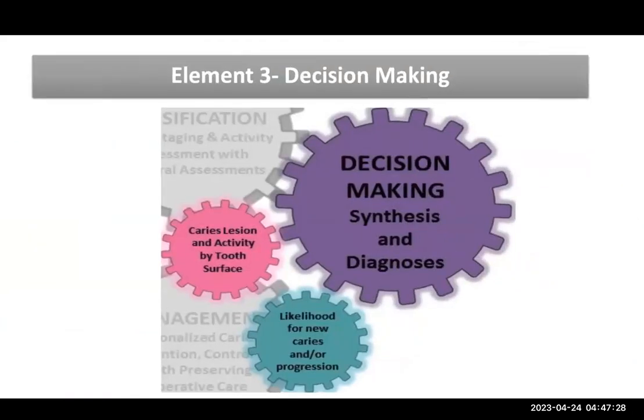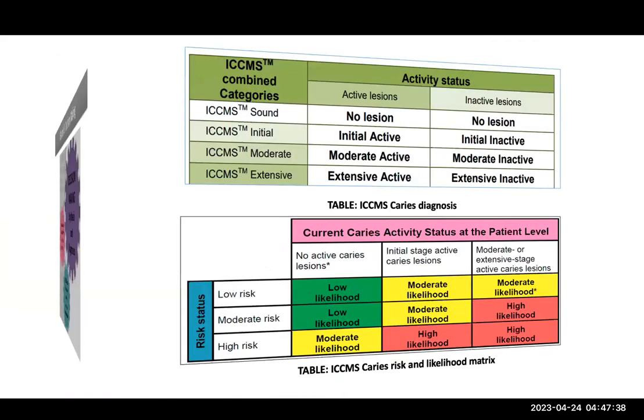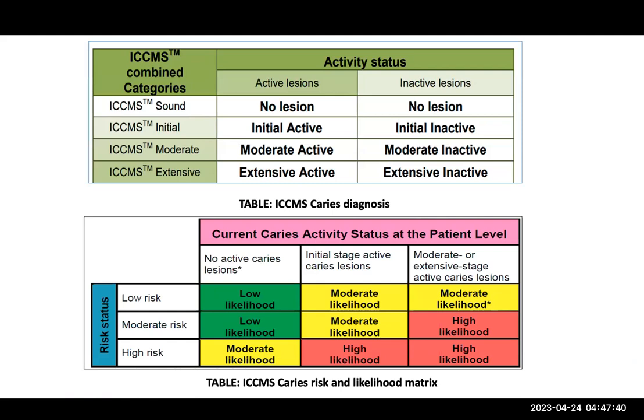The third element is the decision making based on the caries activity, based on the likelihood of new caries and progression. So you synthesize and make the diagnosis, and then your diagnosis is based on the combined categories and activity status. And this is how your matrix is visible, how you will classify into low, moderate, and high risk based on your caries lesion activity and extent of the caries.